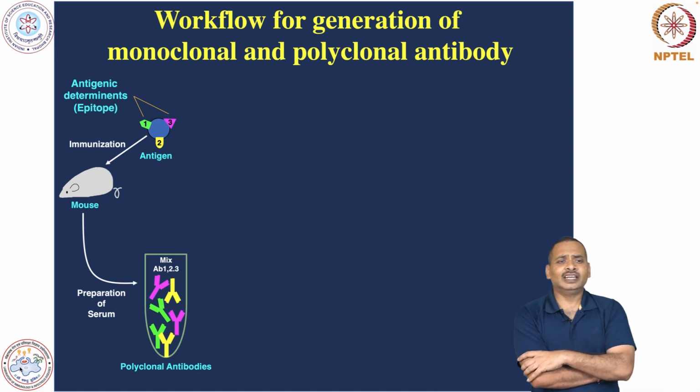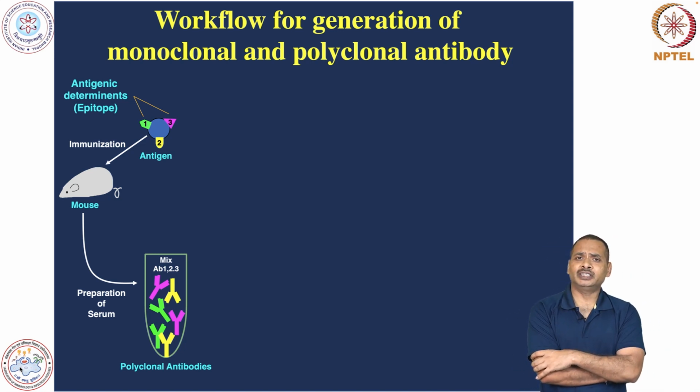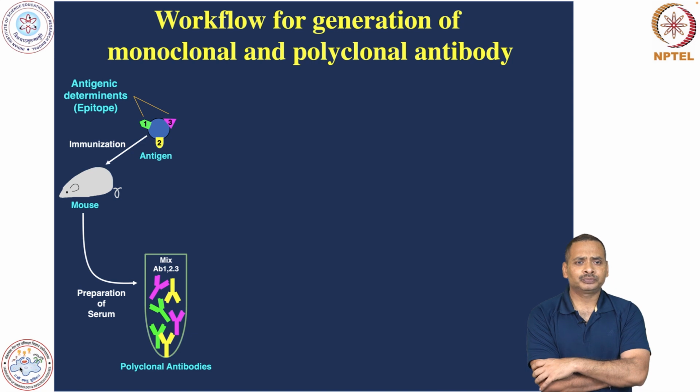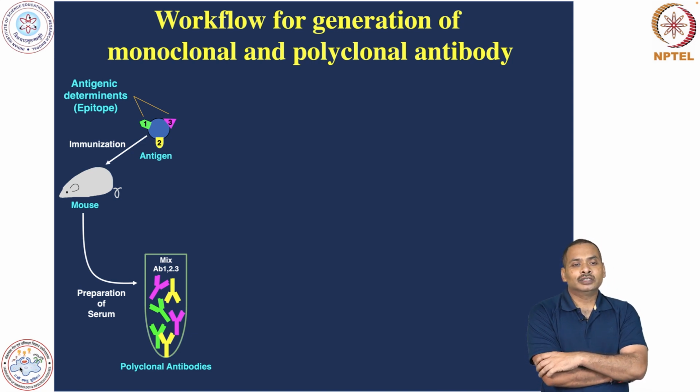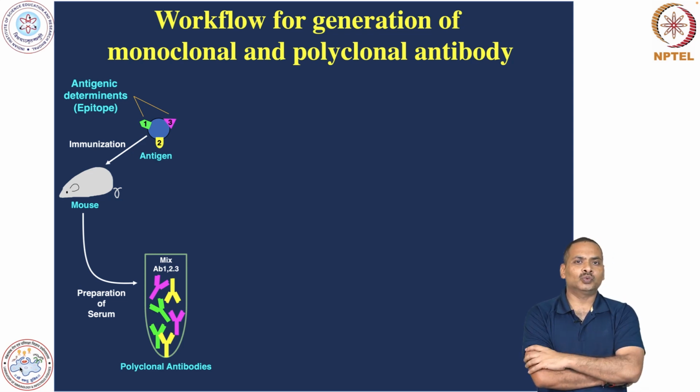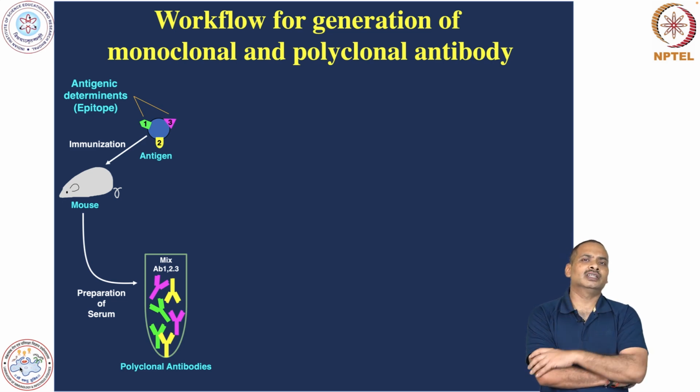Now, I have a challenge: I want to make an antibody which only recognizes surface 1. If you take this polyclonal antibody and try to isolate only one kind of antibody, the one recognizing epitope 1, it is technically very challenging.